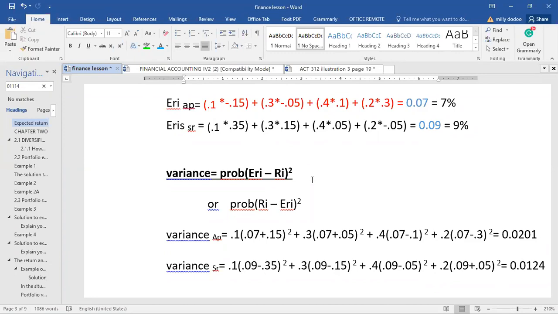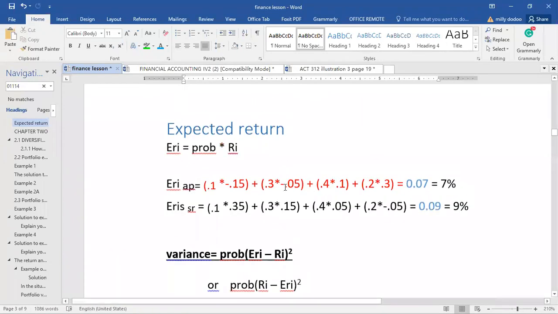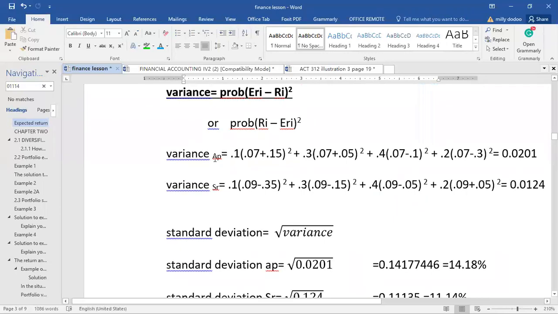And if you could remember this particular illustration that we did, the Sky Resort and the amusement park investment, the one we had the 7 and then the 9%. We solved for the variance that very day, and we had the variance to be 0.021 for the amusement park and then 0.0124 for the Sky Resorts.